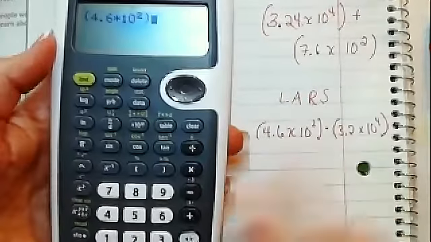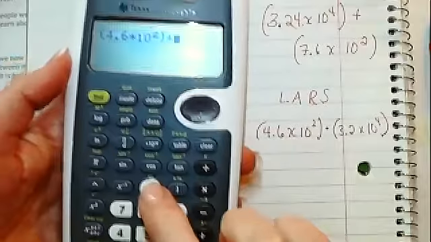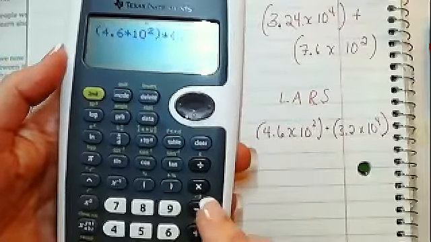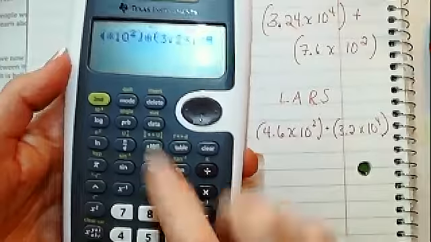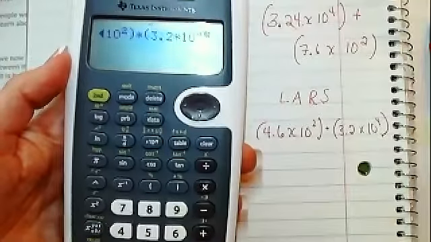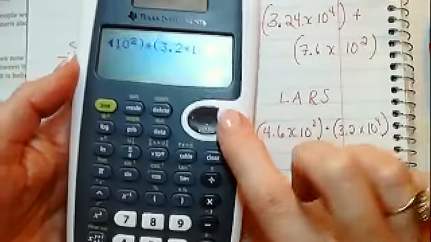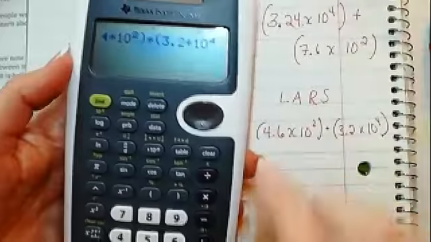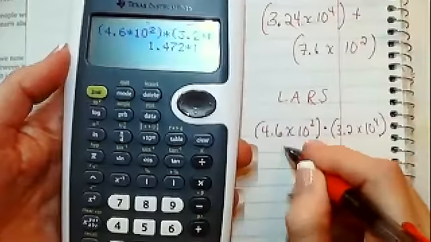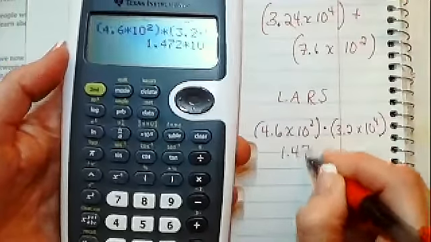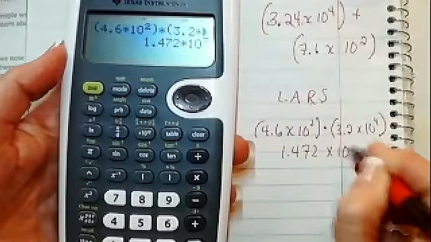Now I'm hitting multiply. Second set of parentheses, I'm going to do 3.2 times 10 to the n, which my n this time is 4. I right arrow out of my parentheses, and my calculator tells me in scientific notation, my answer is 1.472 times 10 to the 7th.